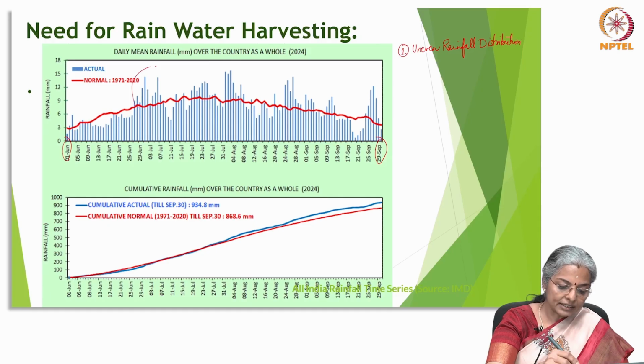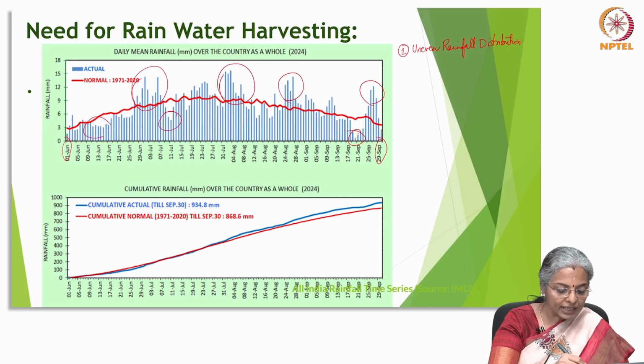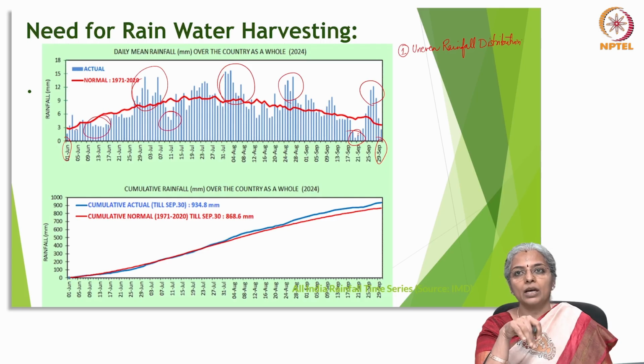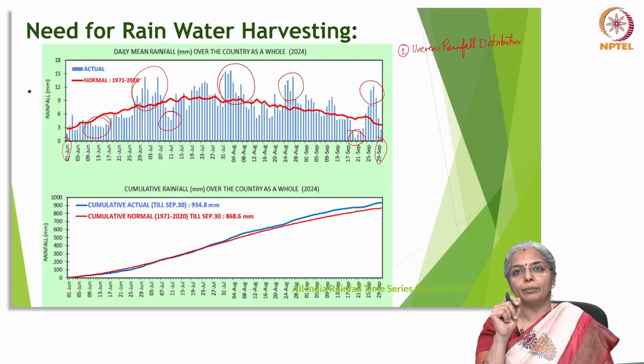So, there are certain days of the month where there are peaks and certain days where there is very little rainfall. These peaks can even reach up to 14 or 16 millimeters, and it can dip even less than 2 millimeters.